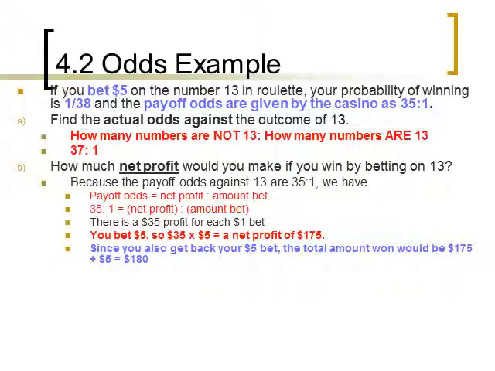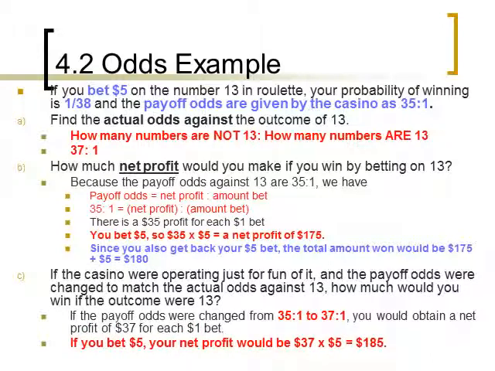So if we label the left side, that means it equals net profit, and the right side is amount bet. So to correctly read that, it means there's a $35 profit payout for each $1 bet. Now how much did we bet? Well, we bet $5 on the number 13. So we multiply 35 by 5 and we get a net profit of $175. You also get back your $5 bet, so the total amount won would be $175 plus 5, or $180.